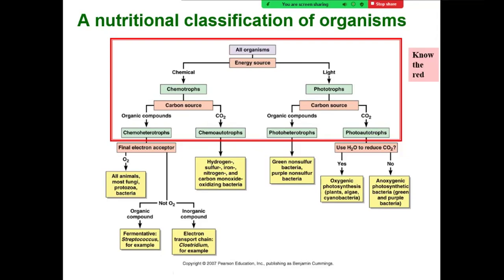Let me remind you, you can separate out the photoautotrophs into the oxygenic photoautotrophs and the anoxygenic photoautotrophs. The oxygenic release oxygen in photosynthesis, and the anoxygenic do not release oxygen in photosynthesis.